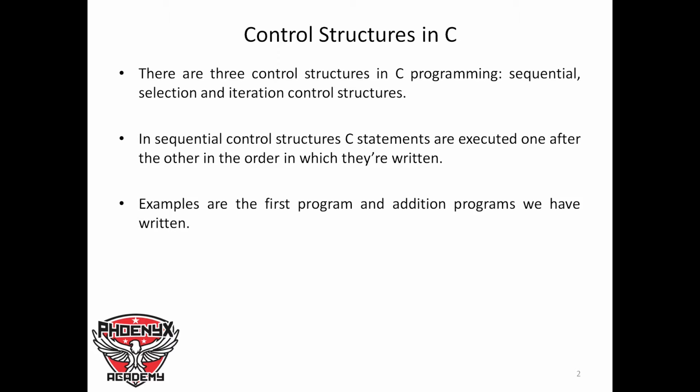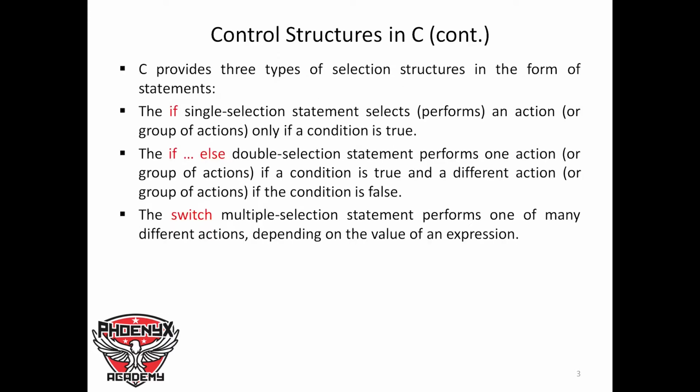Those instructions are going to be executed one after the other, in the order in which they are written, from the first instruction to the last, sequentially, just as the name suggests. But that is not what happens in selection and iteration control structures.